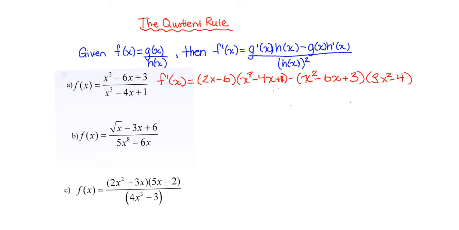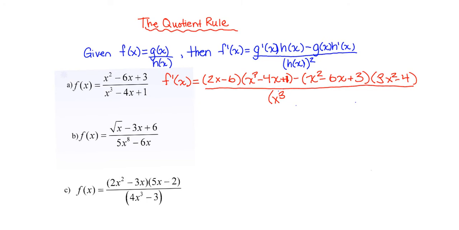So that's the entire numerator. Again, derivative of the top times the bottom minus the top times the derivative of the bottom, all divided by the bottom squared.